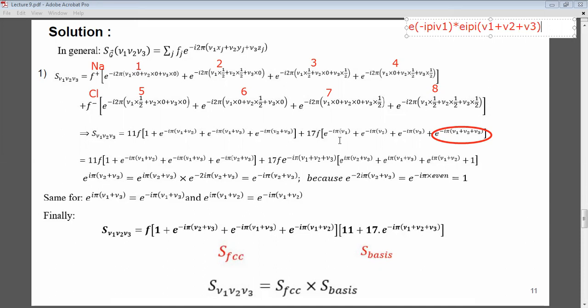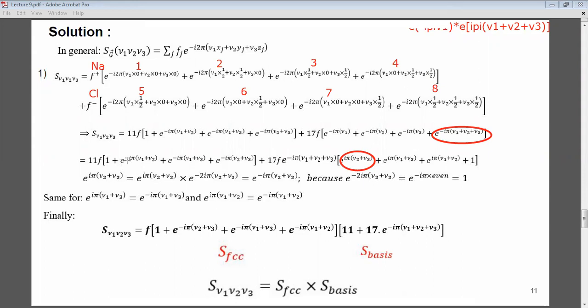It means I divide each of these by that. If I divide by e to the minus i pi, it means I multiply by e to the i pi. And this will give me e to the minus i pi v1 disappear. I will get e to the i pi (v2 plus v3), and this is what I get here. And I do the same with the second term and the third term.